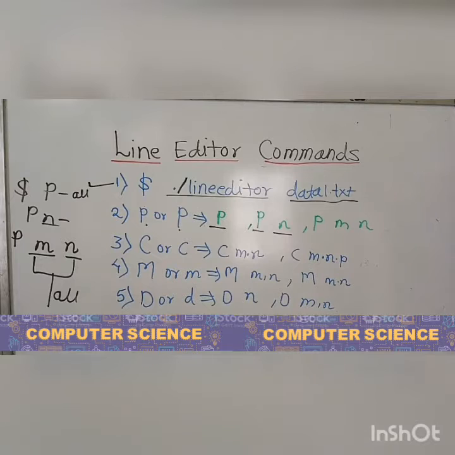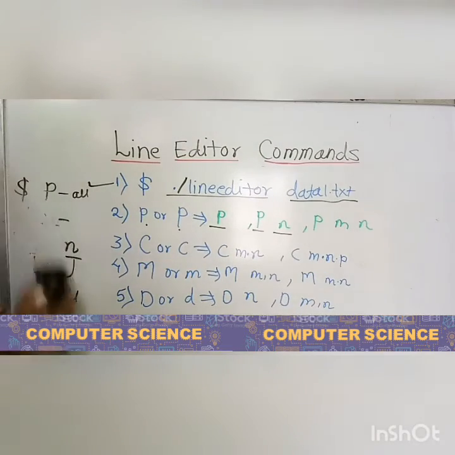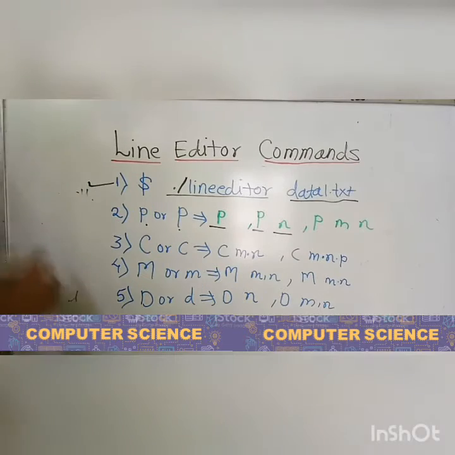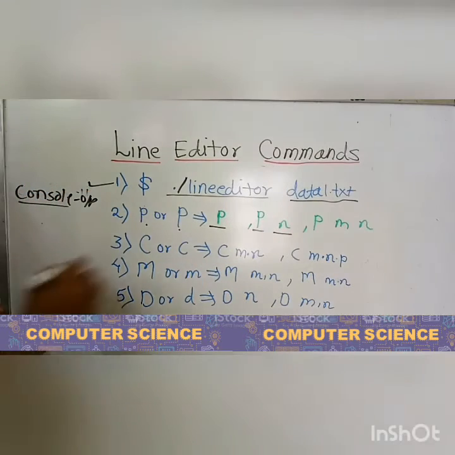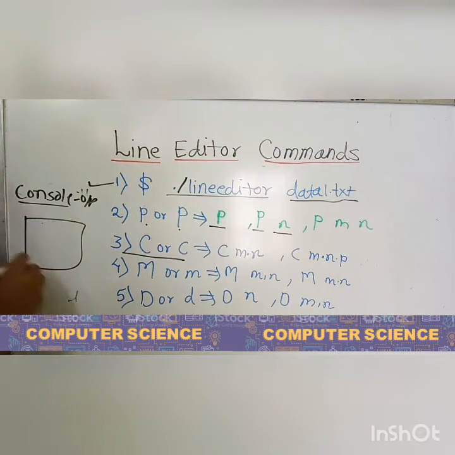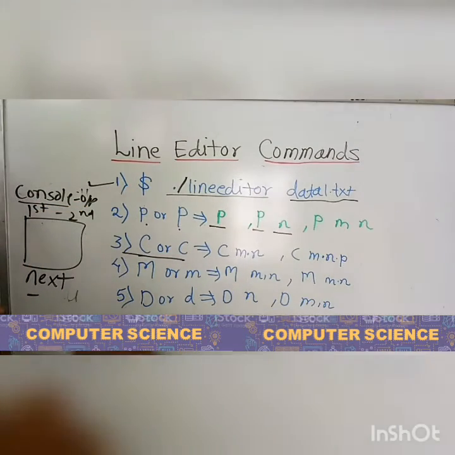The previous print command only displays the output on the console, the output device, but the copy command writes the output into another file, which is created to store the data copied from the first file to the second file.